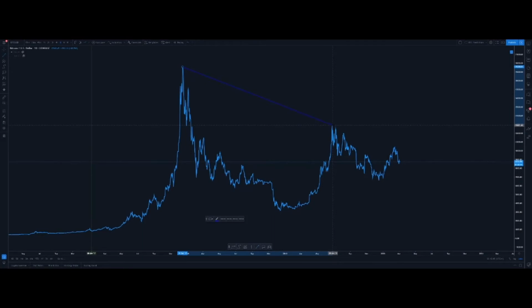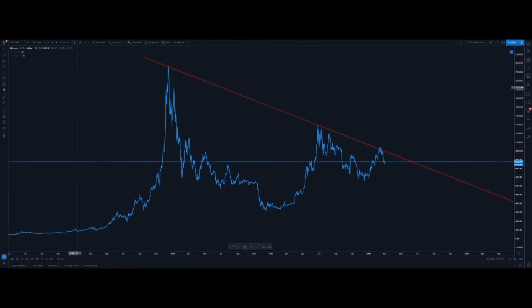We can do it like this. Connect this point, make this a red support resistance color. I'll just extend this, and now we've got an obvious resistance line. Second, let's draw the support, start at the lowest point, connect the second lowest point, and let's make this a support color green.